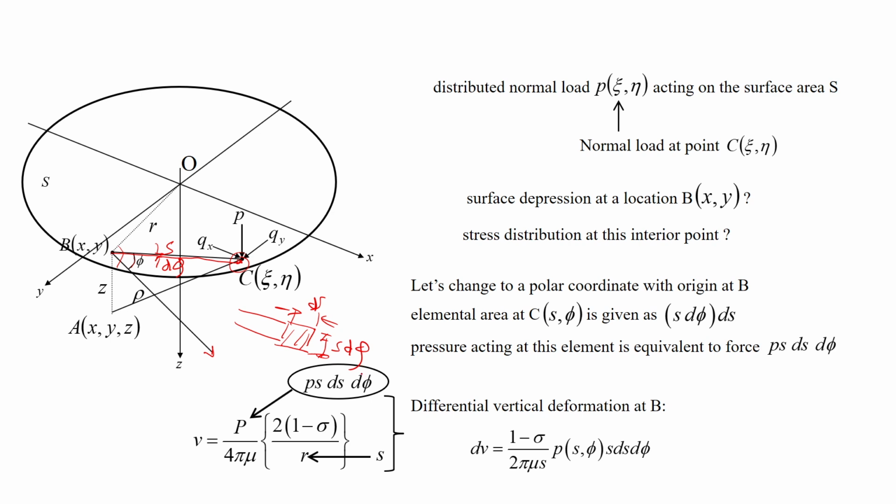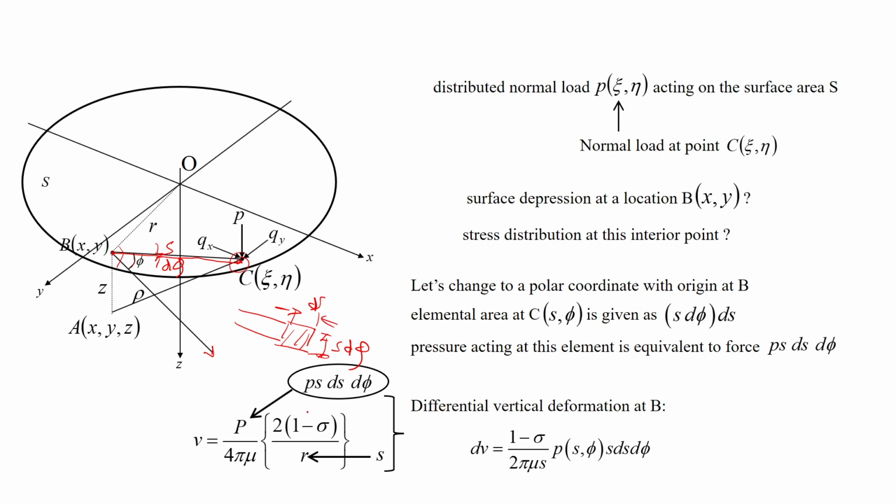This is the area, and P is the load per unit area, the compressive pressure that is being applied. Therefore, the load applied here is P S ds d phi, and this is the point load over here. Because of this load, what is the displacement or deformation at this particular point?